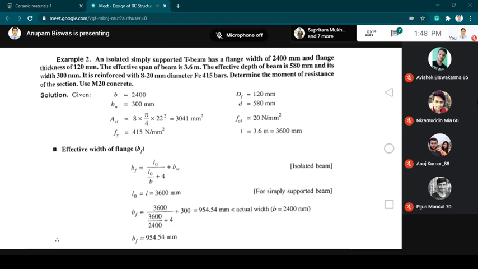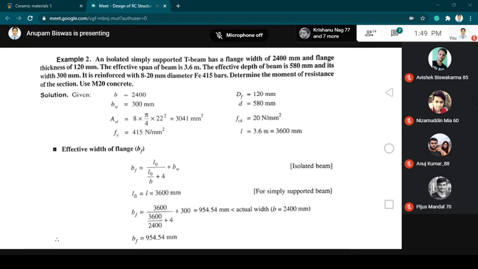So for the isolated beam condition, we know that as per IS 456, the value of bf is l0 by l0 by b plus 4 plus bw.